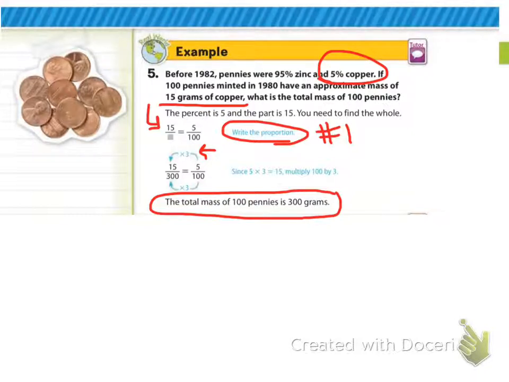Okay, so your step number 1 is to set up the proportion. Step number 2 is find that relationship between the two numbers you have on the top as your numerators. Once you know that, in this case it says times 3, you can find your whole, which in this case is 300. Okay?